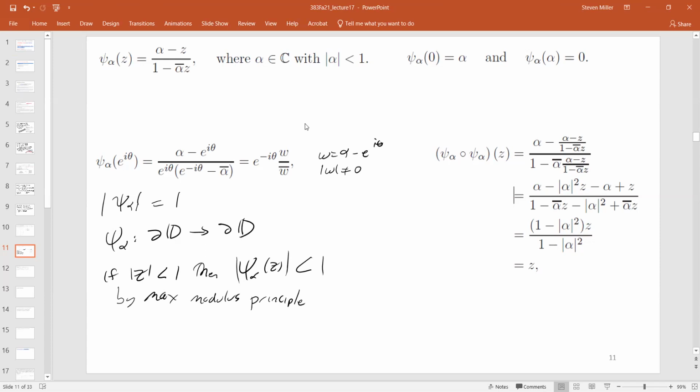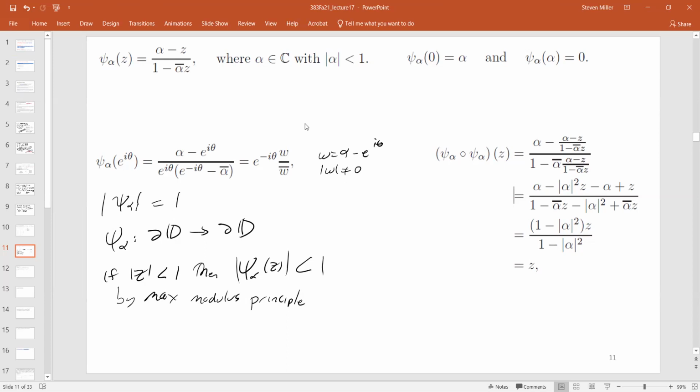So the only place it would not be holomorphic is if the denominator is 0. But I'm saying you've got a ratio of polynomials in z. This is going to be holomorphic unless the denominator is 0. And because alpha has absolute value strictly less than 1, the only time the denominator vanishes, you would have to have z equal to 1 over alpha bar, which would be modulus greater than 1.